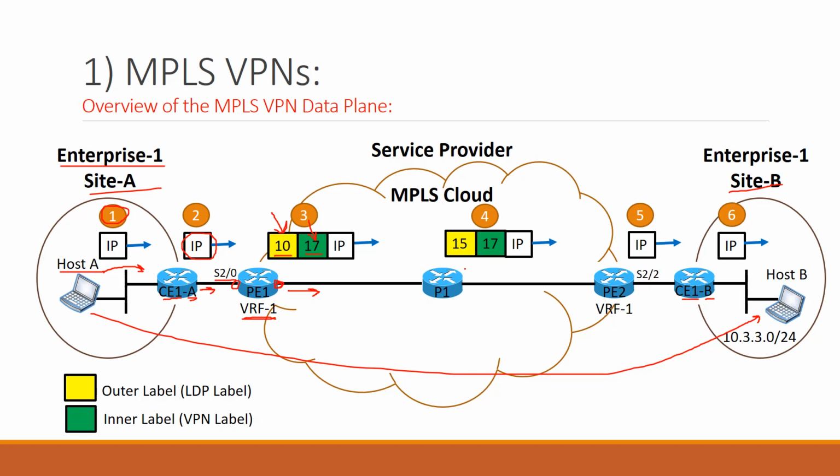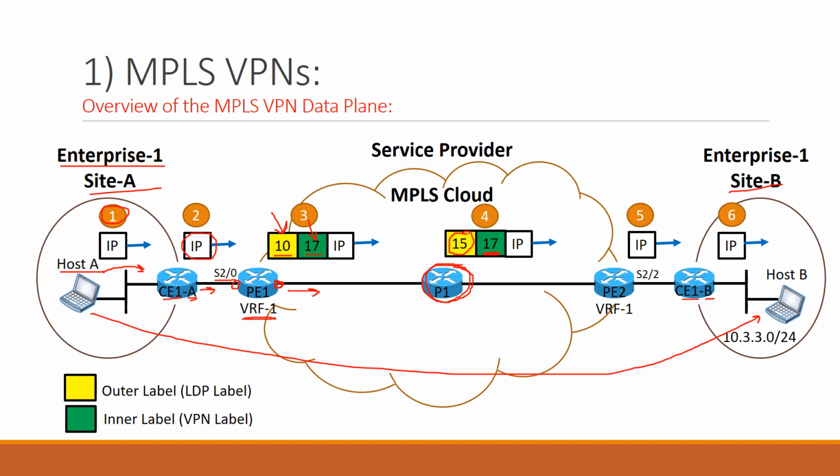Now P1, the provider router, will receive a labeled packet. What it will do, it will check its MPLS label forwarding information base and decide that it should swap the outer label from 10 to 15, and it will not do anything to the VPN or the inner label, because P1 doesn't take action regarding the inner label.